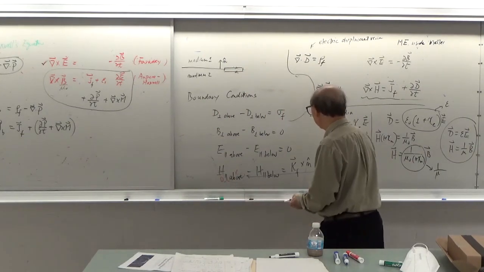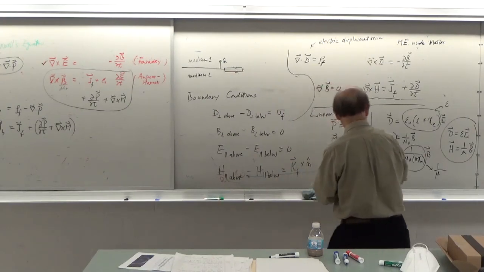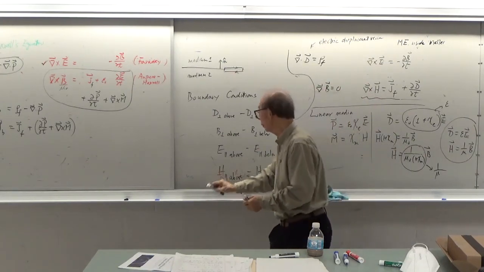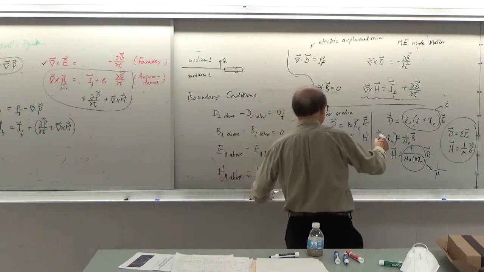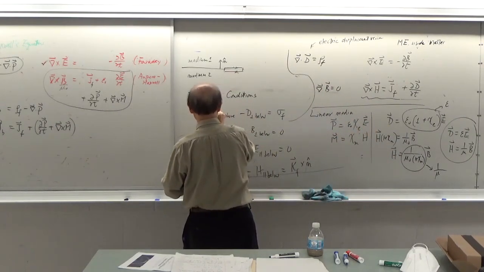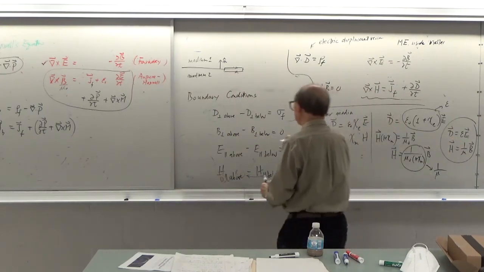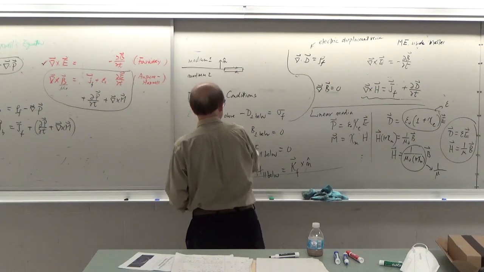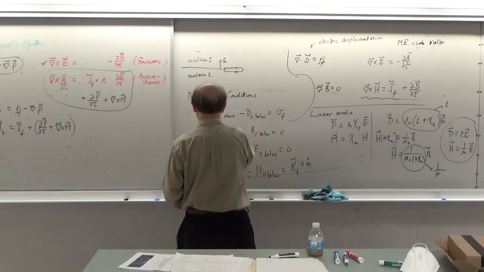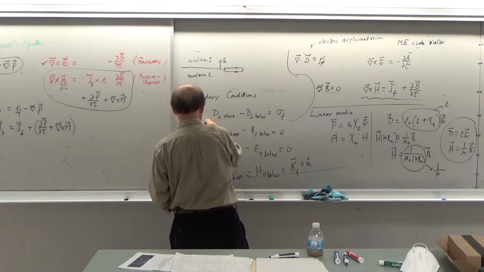Okay? And let's see. One more thing, then I'll let you go. Of course, for a linear medium, we can replace this by the permittivity of the medium, perpendicular above, etc. Similar for this one.